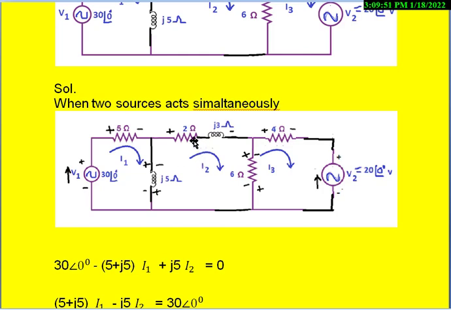In the next loop, I2 enters here, so this is plus, and here the current leaves, so this is negative. Here also I2 enters, so this is plus and this is negative, and the same I2 enters here, so this is plus and this is negative.